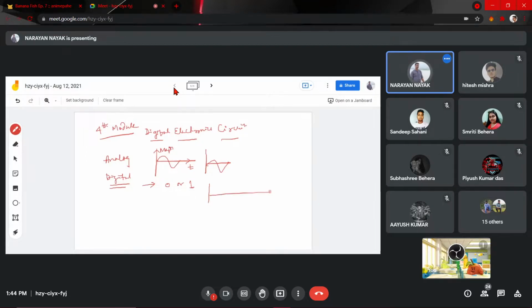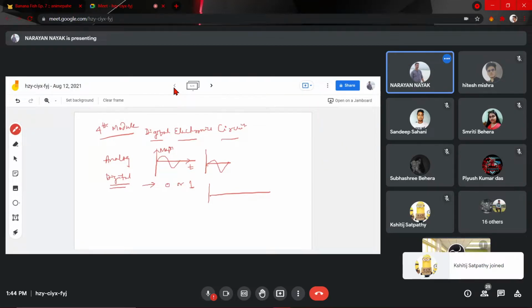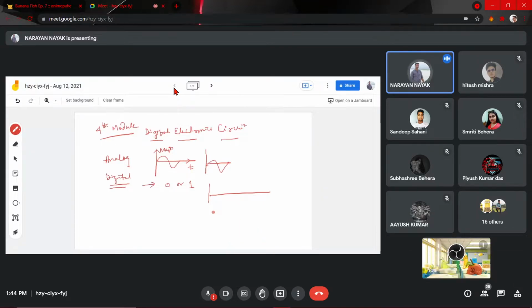Suppose, for example, you have a communication system. Now if some signal is present here, and here some signal is there, we can say that this is 1, this is 0, this is 1, this is 0, this is 1 and 1.